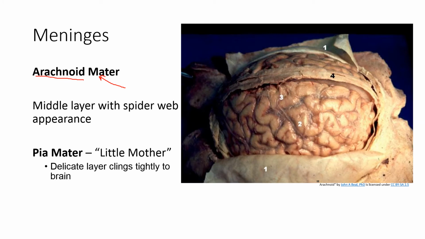Modifications of the arachnoid mater protrude through the dura mater into the superior sagittal sinus. This permits the reabsorption of cerebral spinal fluid back into the venous blood. You can't see that here, but if you wanted to, you could look it up in another figure.